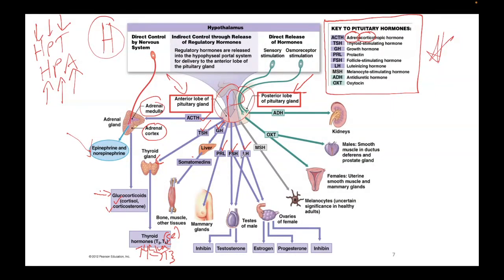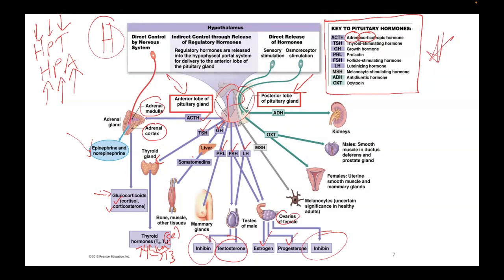These are both involved in the production of sperm and the production of the egg, and they affect both male and female. The testes predominantly are going to produce testosterone, whereas the ovaries will produce estrogen and progesterone, or it can just inhibit production of anything.